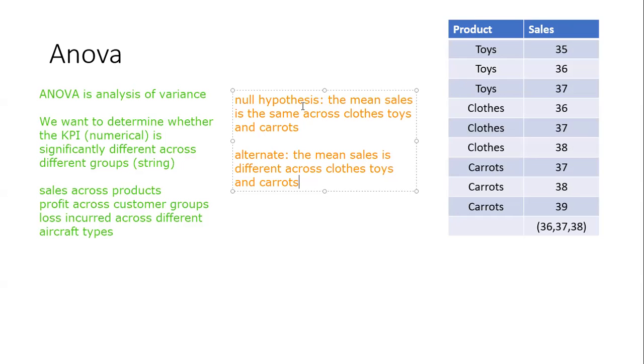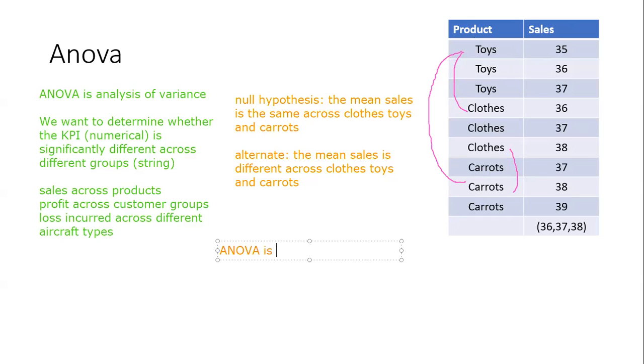The difference might be between toys and clothes. It could be between clothes and carrots, or it could be between carrots and toys. ANOVA is going to make a general statement that the means of these groups are different from each other. Where exactly the difference is, for that you need to run another test which is called the Tukey test.